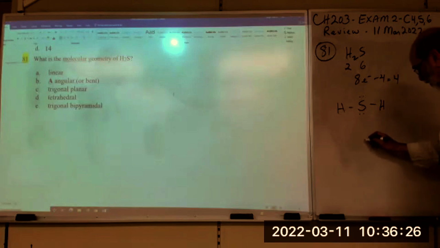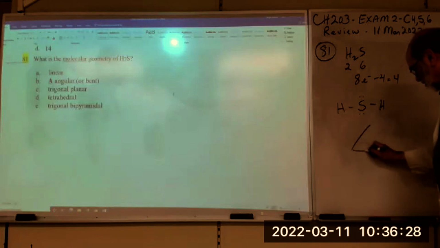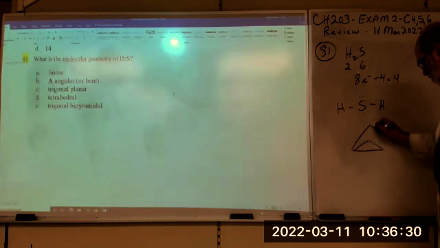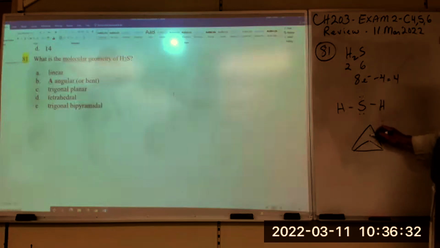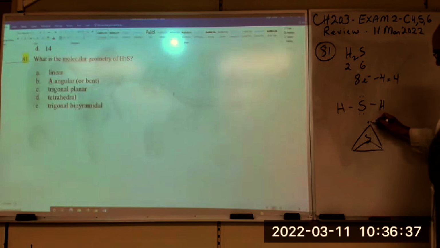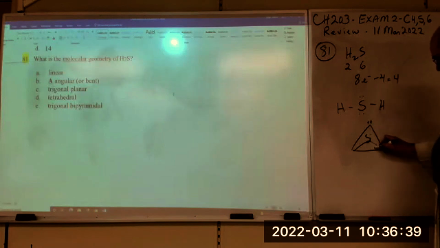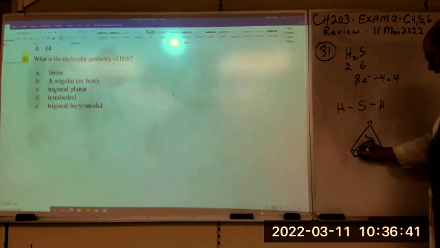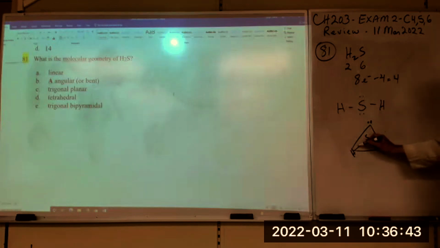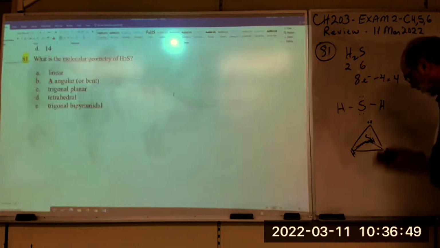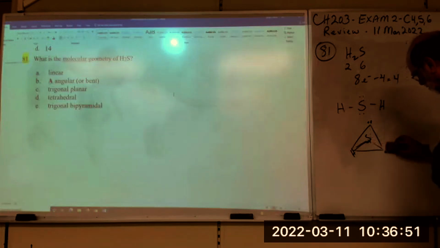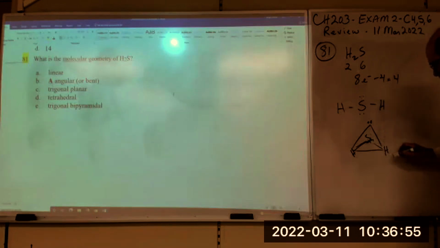But if we put it in a tetrahedron like that, and we put sulfur in the middle, we put lone pairs here, hydrogen in the back, and hydrogen here, then the bonds between these two, that was a poor choice. I should have put it over here. Let's do that. With the lone pair in the back, hydrogen over here.